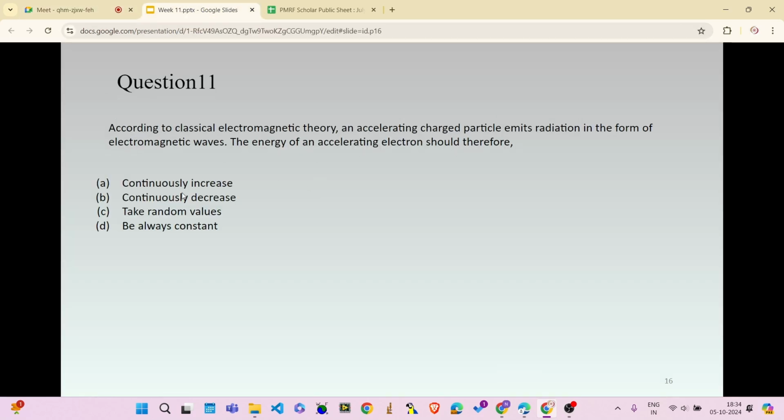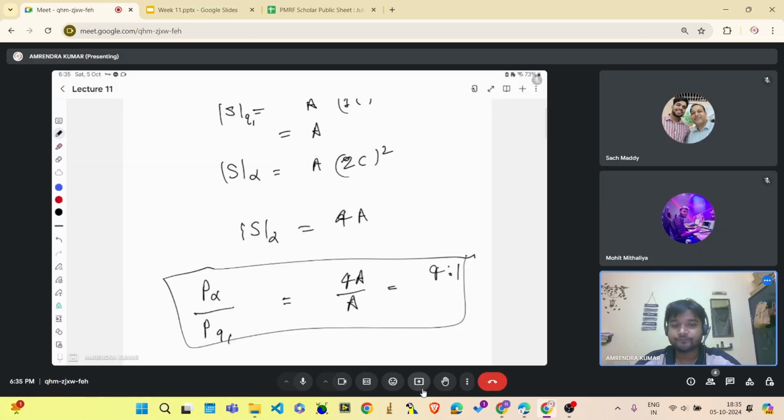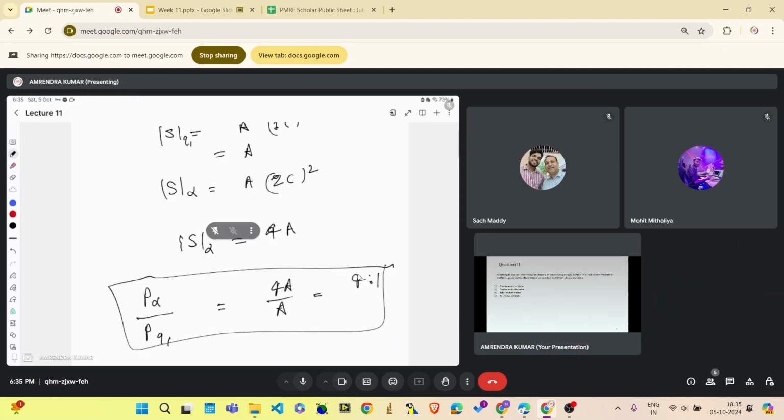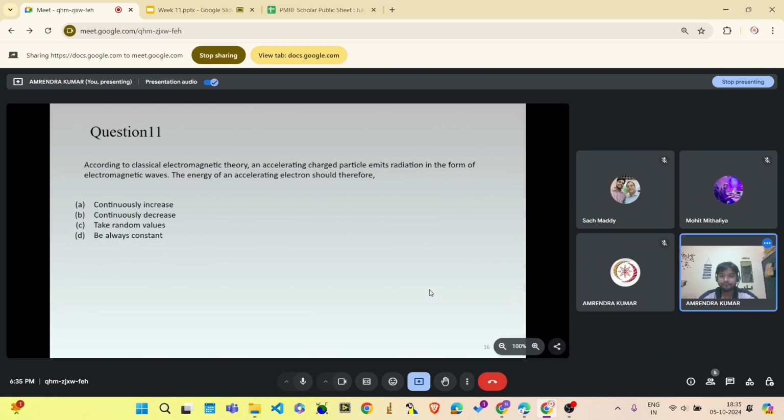And then the next question is, according to the classical electromagnetic theory, an accelerating charged particle emits radiation in the form of electromagnetic waves.